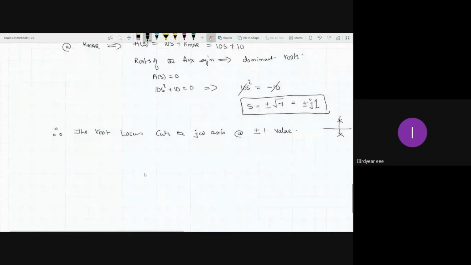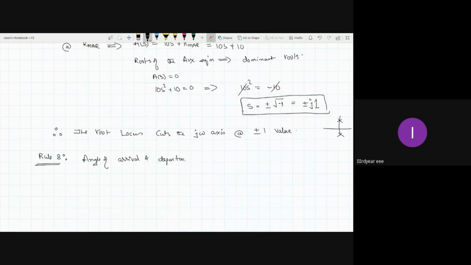And then you have rule 8. Rule 8 talks about angle of arrival and departure. Let me write it in a different color.